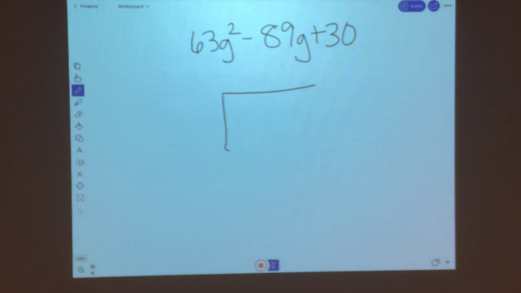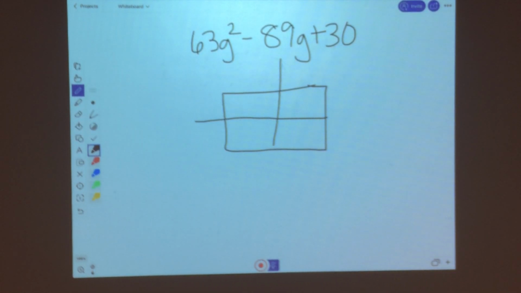So if I start with my box, I split it into those 4 squares. The a term goes in the first box, 63g squared, and the c term goes in the last box, so 30. And I need to check that my middle 2 boxes add up to negative 89. Since the c term is positive but the middle term is negative, both of these need to be negative.